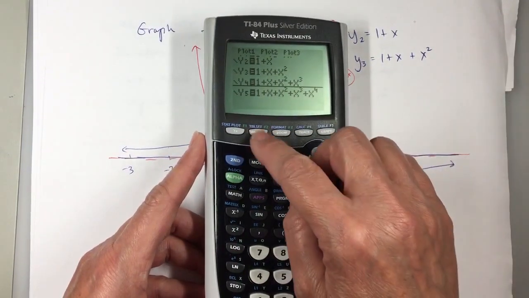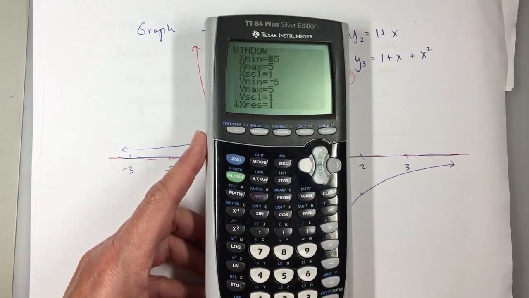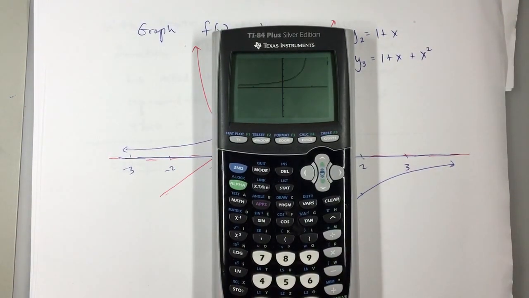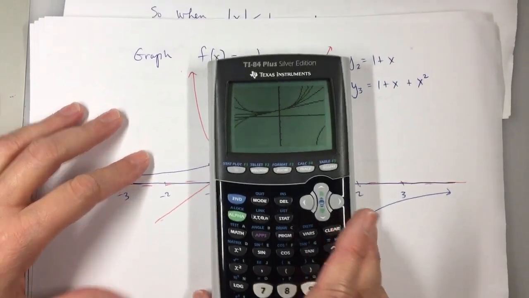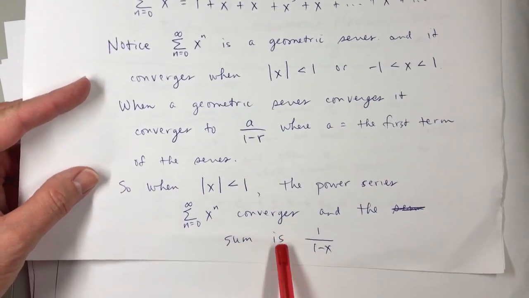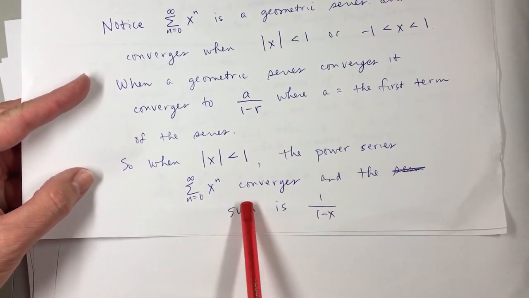And of course, with the power series, let me go back to negative 1.5 to 1.5. With the power series, it's an infinite polynomial type function. So it's a pretty good approximation. Now, what's happening though is this function is only equal to this sum when the absolute value of x is less than 1.